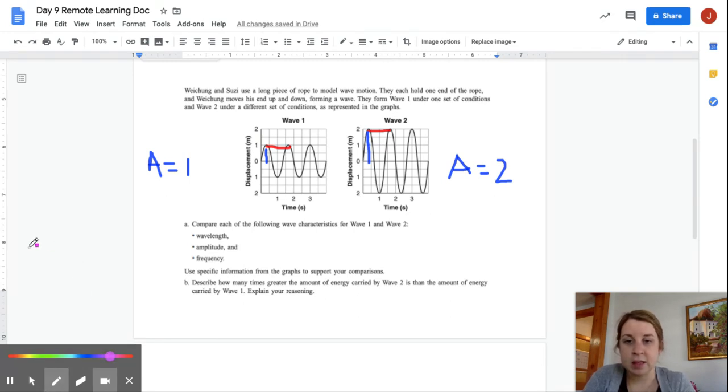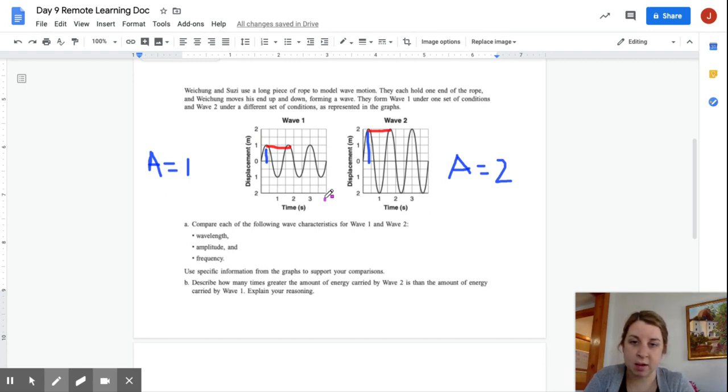Frequency is how many cycles of a wave in a given amount of time. So if we're looking at this 4-second time frame that's here, because really we have 1, 2, 3, and then it ends at a 4 right here. We have 3 wave cycles that go through here. And then for wave 2, again, we have 3 wave cycles that go through here. So their frequency is the same as well.